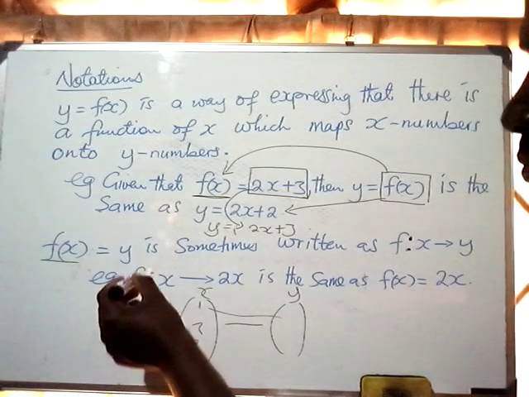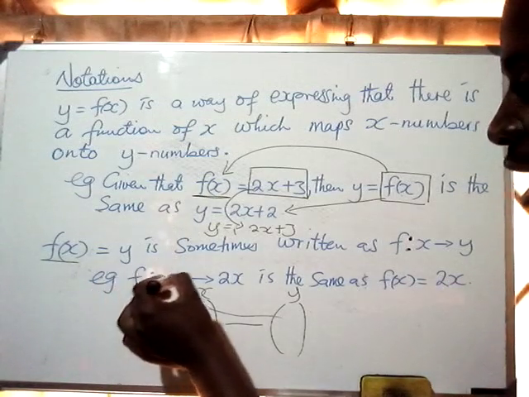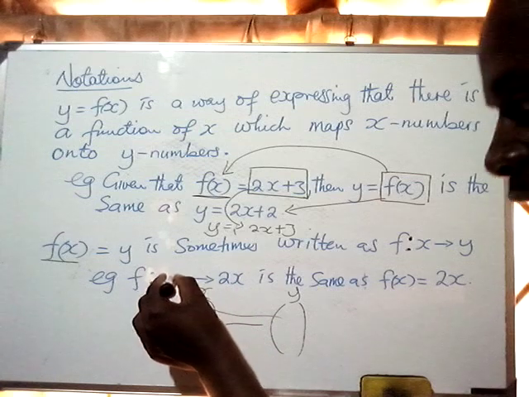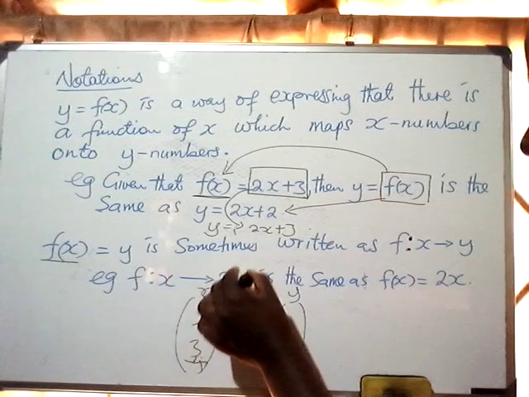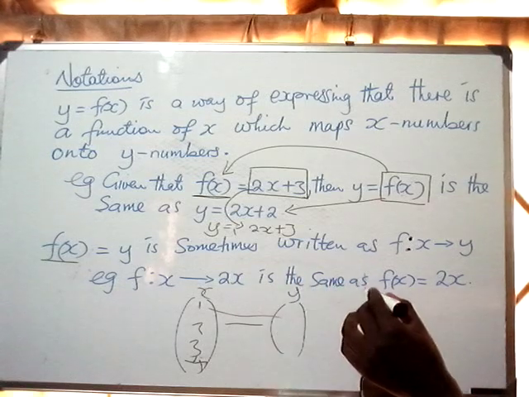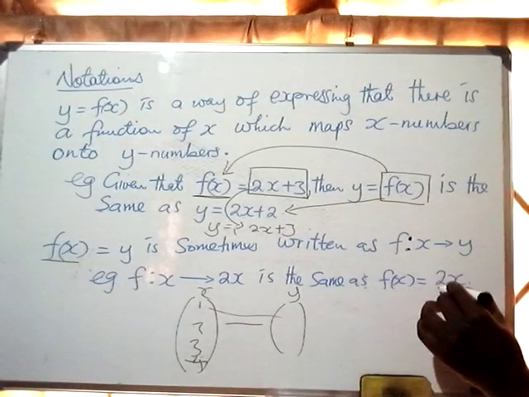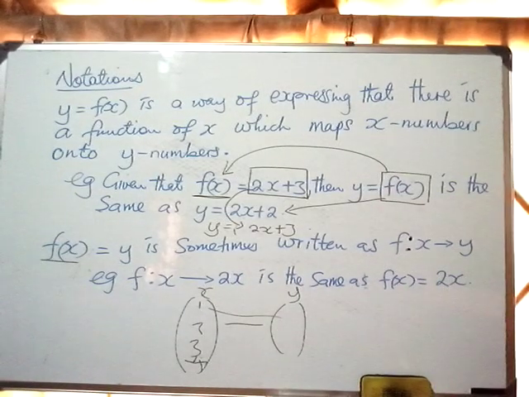For example, we have f such that x, the arrow, 2x, which is the same as saying f of x is equal to 2x. So this is what I thought we can have for our introduction.